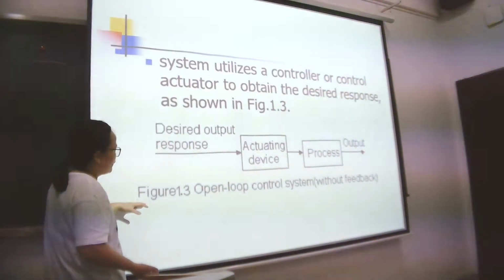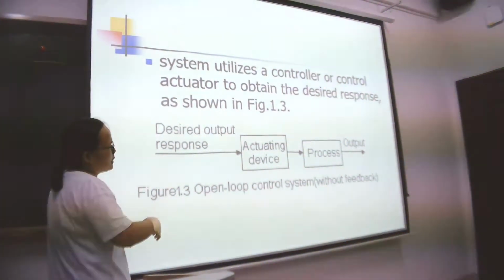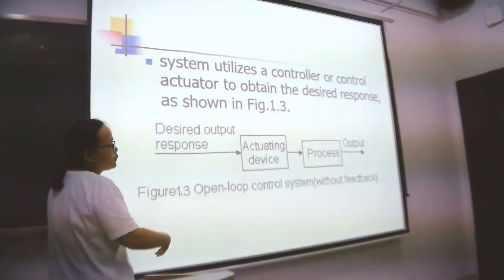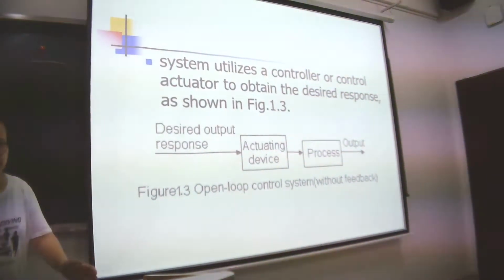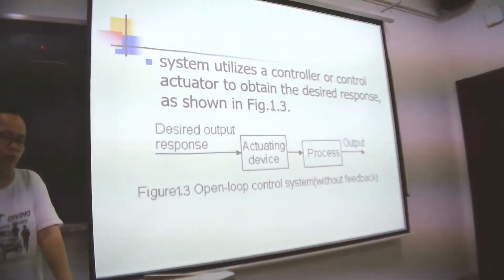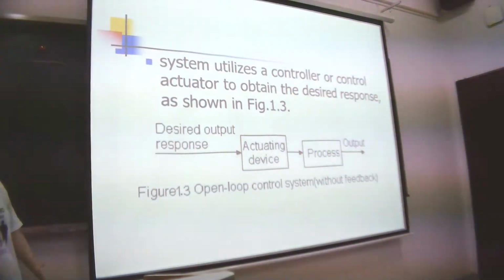This figure we also call an open loop control system because it has no feedback. So this system is also an open loop system. It's the third type.